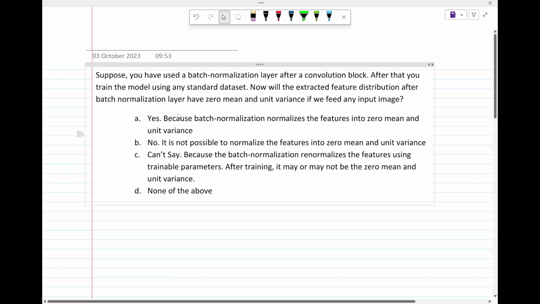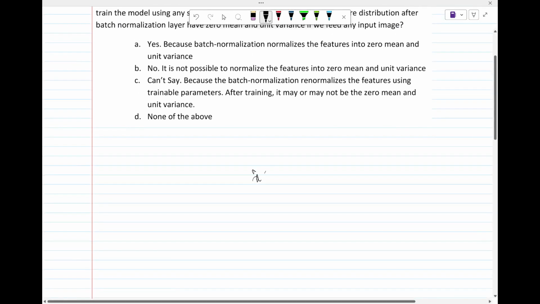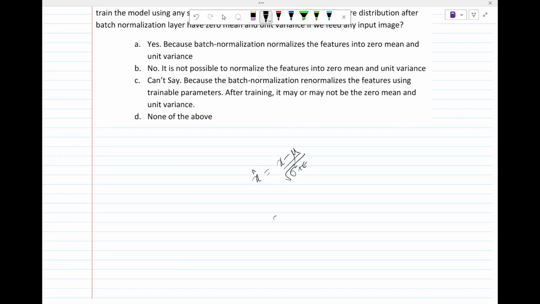So you have discussed how batch norm works in three, four questions, I think. And we saw that in batch norm, after you convert your data to zero mean and unit variance, you then rescale it using gamma and beta.